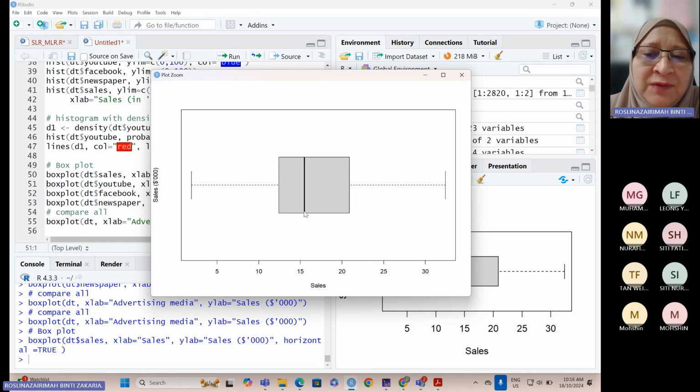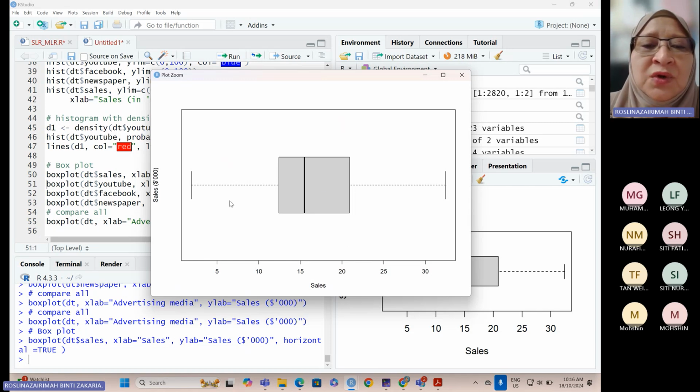The bold line is Q2, the median. The right side of the box is Q3, the 75%. And on the far right is the maximum value.